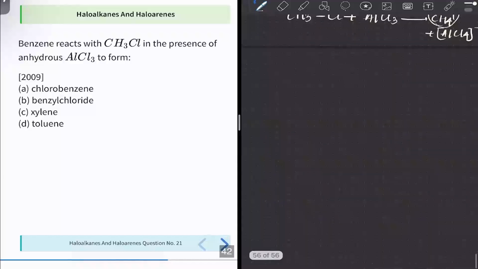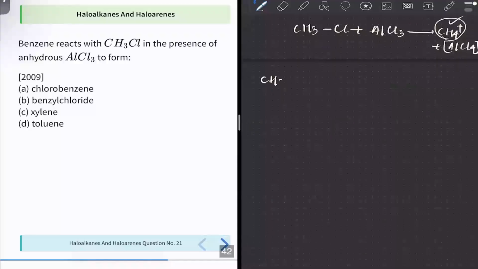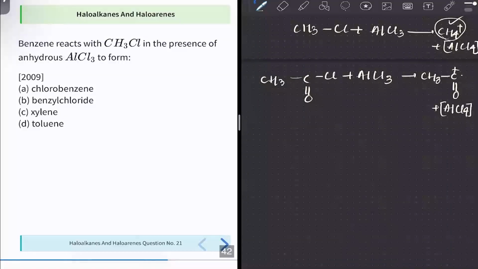In the case of acylation, CH3C double bond O Cl reacts with the Lewis acid AlCl3 to form an electrophile, CH3C plus double bond O, and AlCl4 minus. So these are the electrophiles formed.